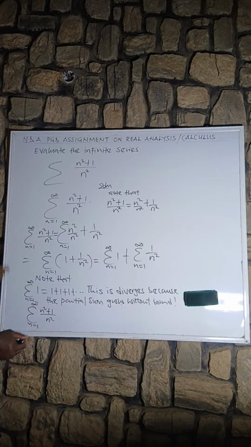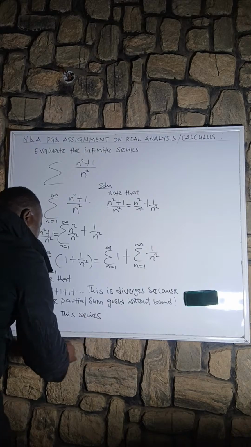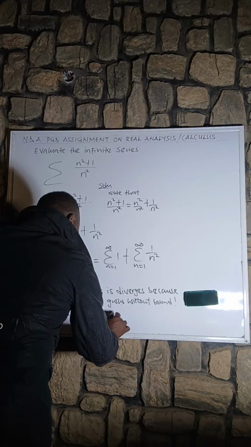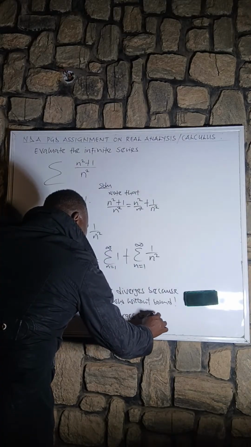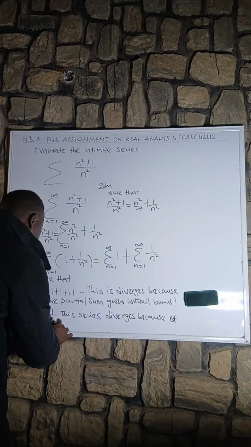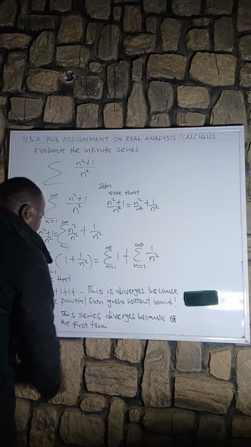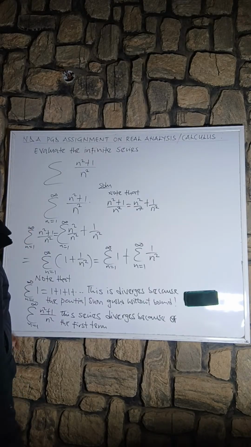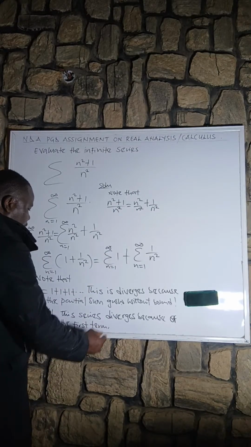So we conclude by saying this series diverges because of the first term. First term, this one. So I think you can stop here.